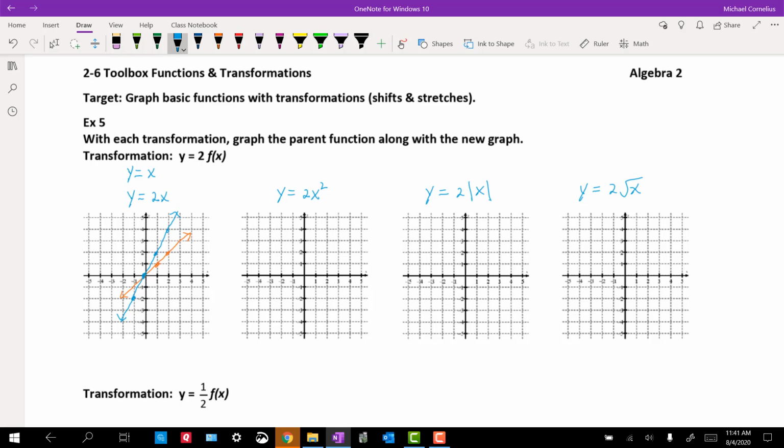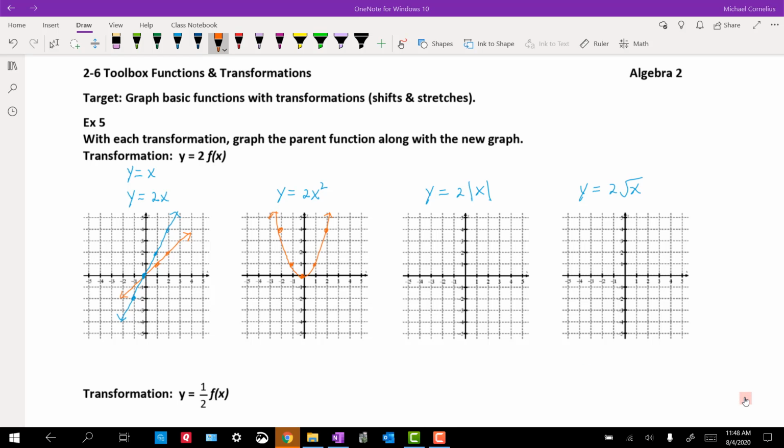Our next one is our parabola. So I'm going to go ahead and graph the parent. 0, 0, up 1 over 1, up 3 over 1, up 1 over 1 to the left, up 3 over 1 to the left, and down and around, and back up the other side there.